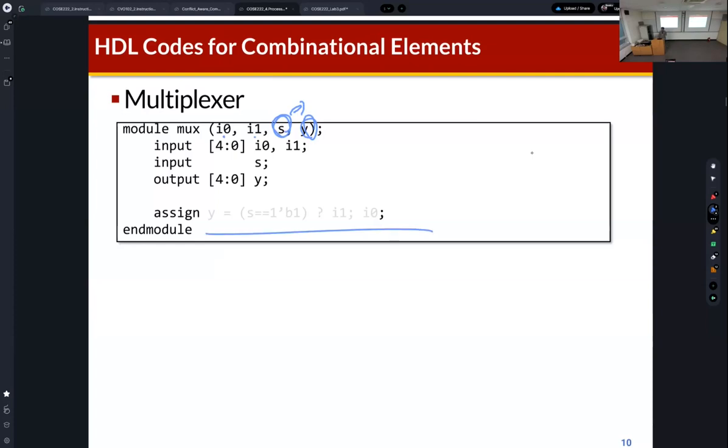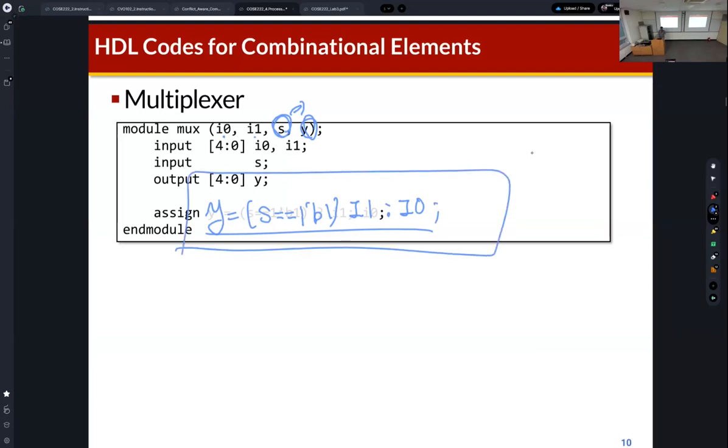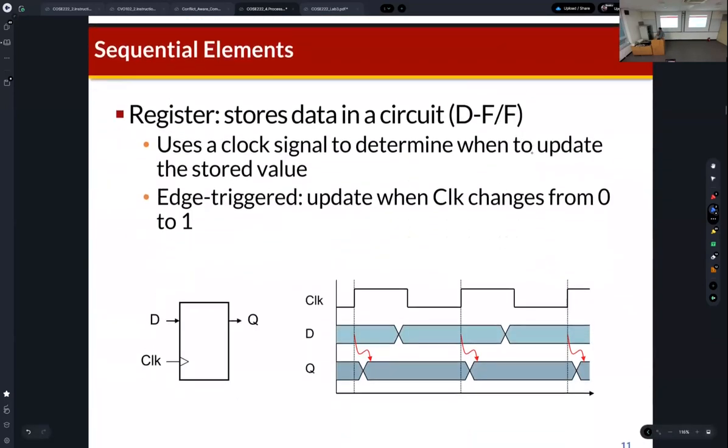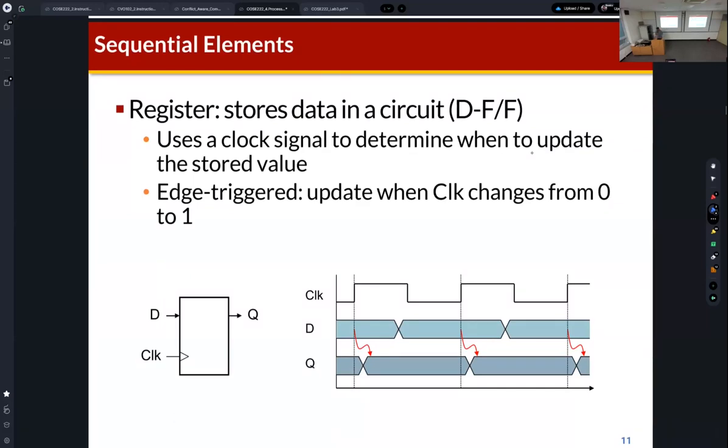What is the statement? The output Y equals I1 if S is equal to 1, otherwise it is connected to I0. Using this statement, we can implement multiplexing using SystemVerilog. Those are the examples of combinational logic.